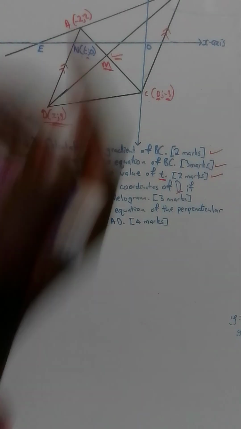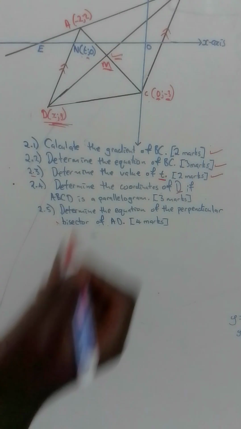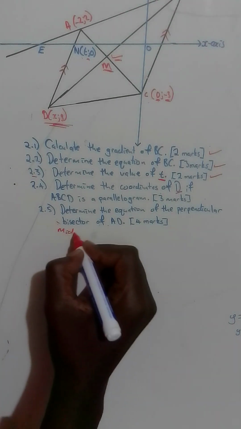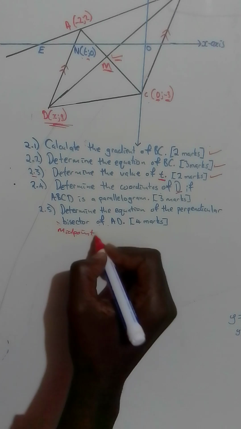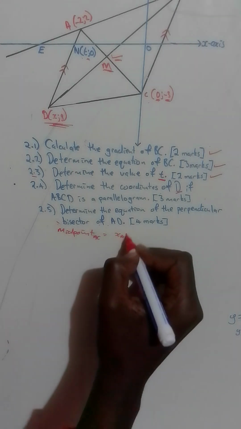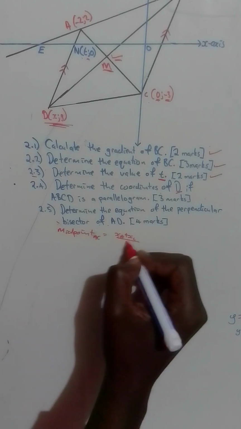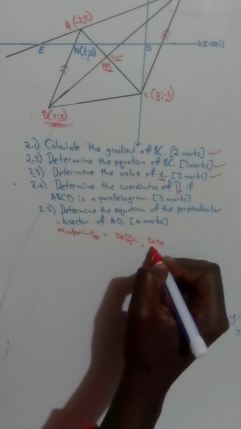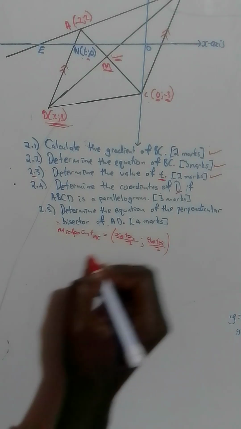So now I'm saying midpoint of what? Line AC. So I come here and I say midpoint line AC is equal to XA plus XC divided by 2, and then the YA plus YC divided by 2, right?